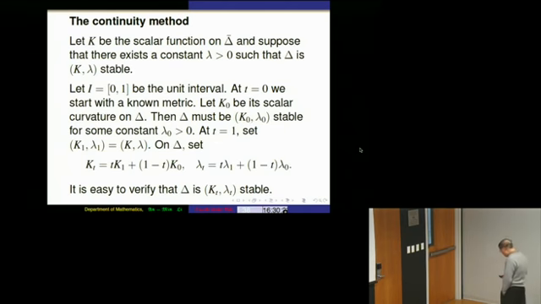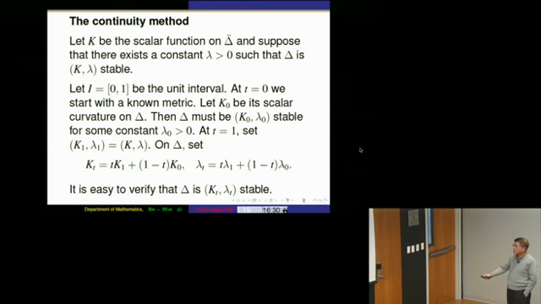We talk about the method to prove this result. The proof uses the continuity method. Let K be a scalar curvature, and suppose there is some constant lambda such that delta is (K, lambda) stable.